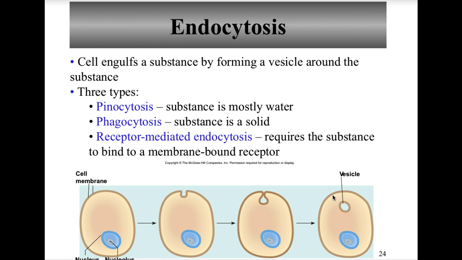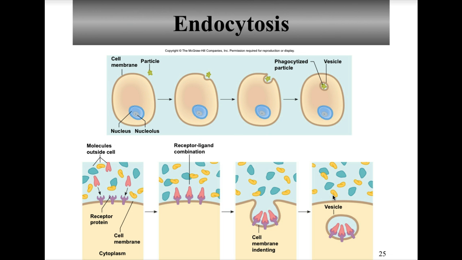If you look in your book, on page 106, it looks at LDL receptors and then some drug application there. So here you see a picture of endocytosis. Up here you have the different types. This would be receptor-mediated endocytosis, and so on and so forth.